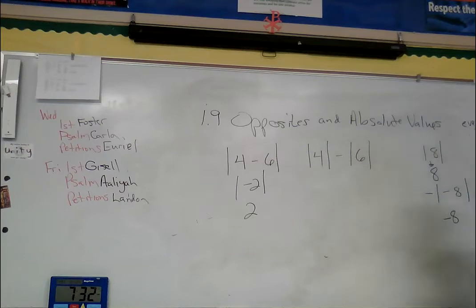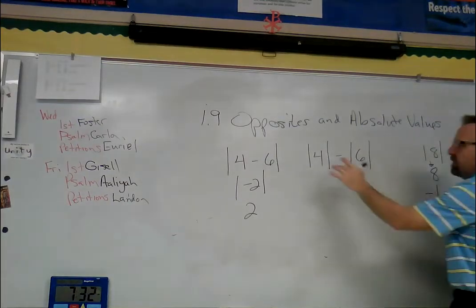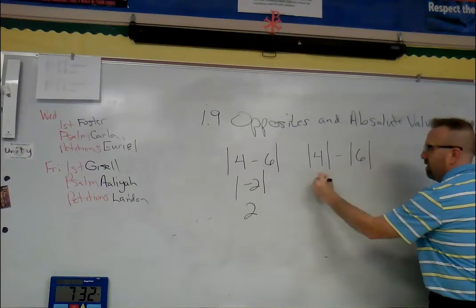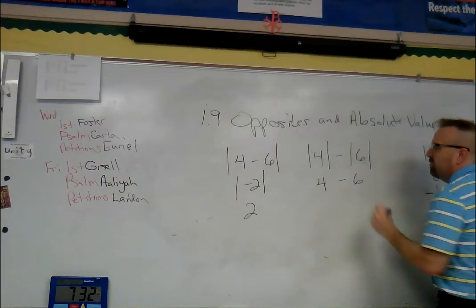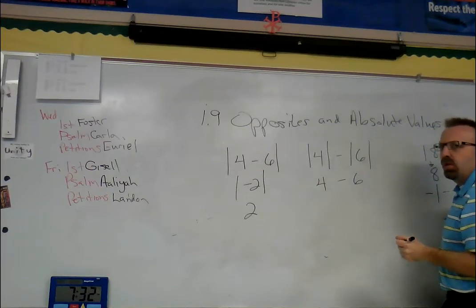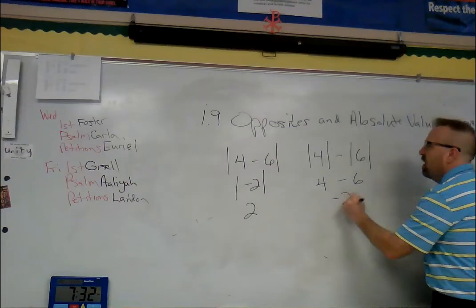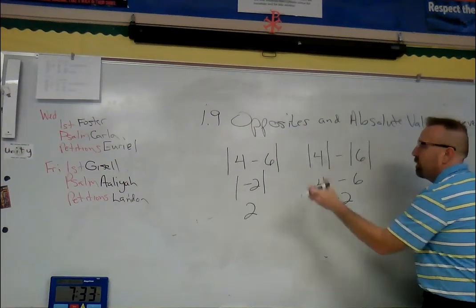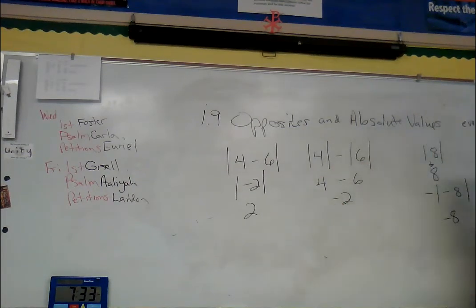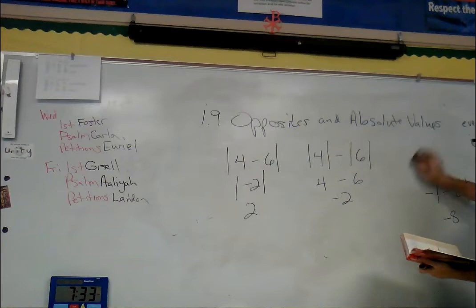Now we can work it, but we need to do a different order. We do the absolute value of each, 4 and 6, but now we need 4 minus 6, which will be negative 2. We did a different order because they were grouped differently. So again, we got a negative on that one, but not from the absolute value. We got the negative from our subtraction.